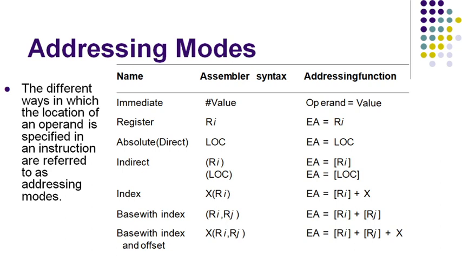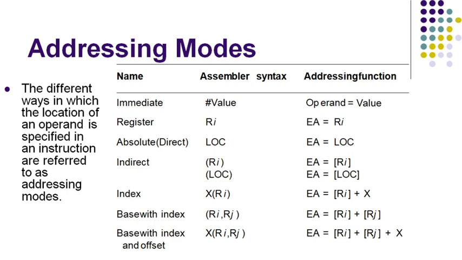In both cases we take the contents of a particular register or that respective memory location. Parenthesis will indicate the address, square bracket will indicate the contents of that particular register or memory location. So effective address in case of register will be the contents of the register, and in case of memory location will be the contents of the memory location.